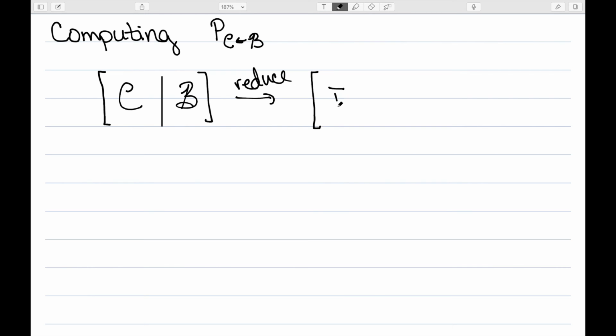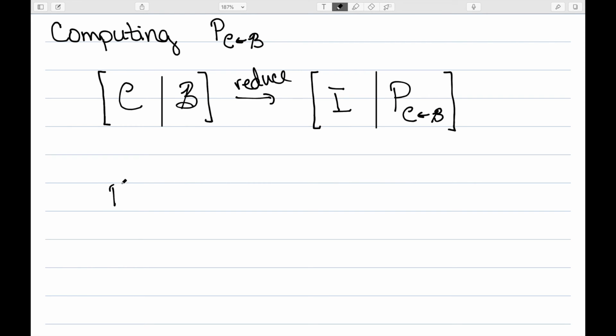We are going to reduce it to get I on the left-hand side, and then the right-hand side will be exactly what we want. So this is one of the main reasons we write this as C and then B when we really want B going to C, so it helps us remember to set up this matrix appropriately.